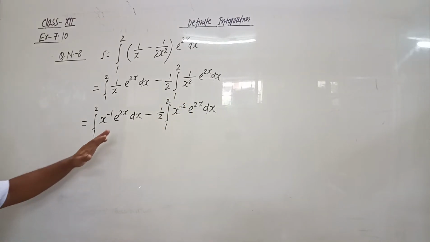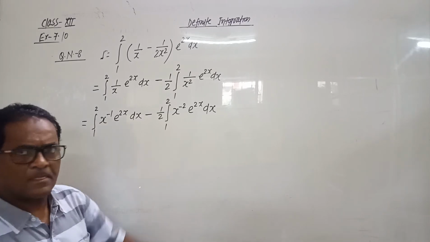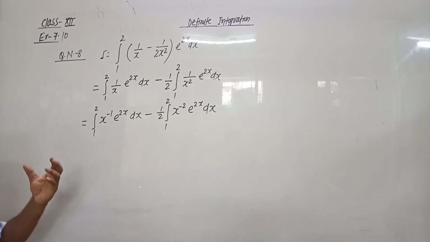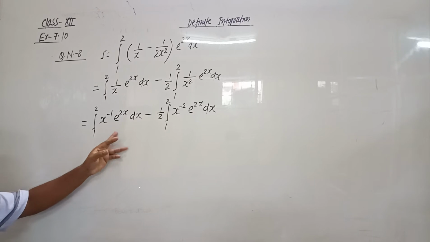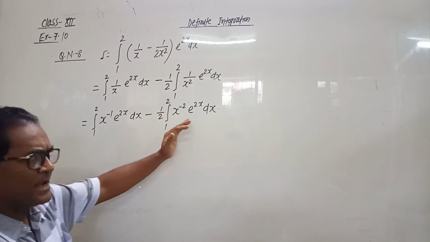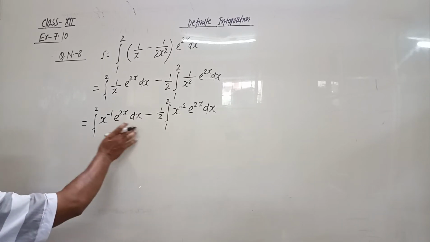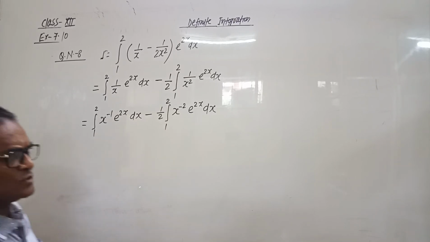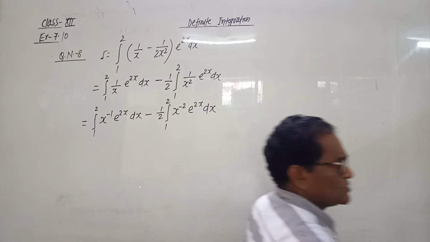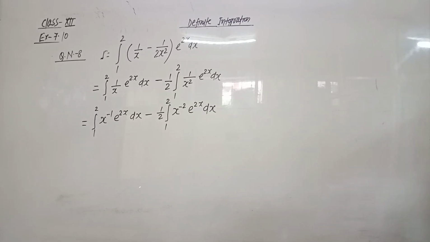Now in both the expressions we will solve one expression and the other will be kept as it is. In both the expressions we have two terms, so we will have to use integration by parts.